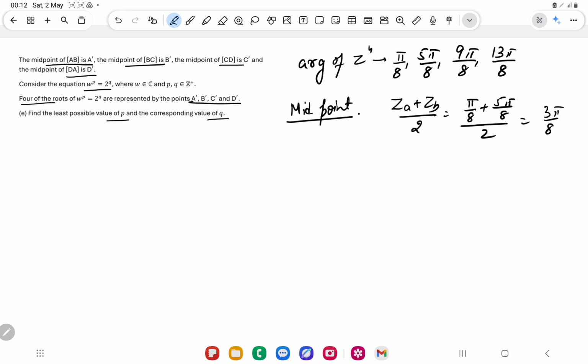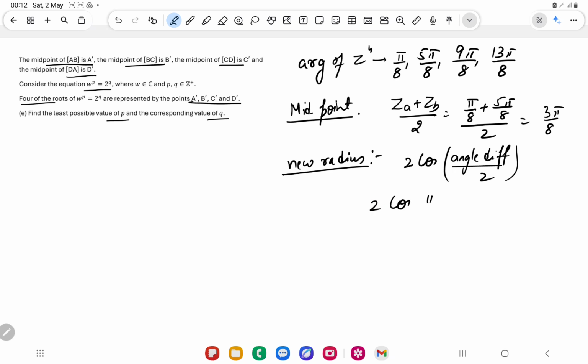Similarly, if we talk about the new radius, my new radius will be 2 cos of the angle difference whole divided by again 2. This I have also done in the last part. So I got my angle difference as pi by 2 whole divided by 2, which is 2 cos pi by 4.